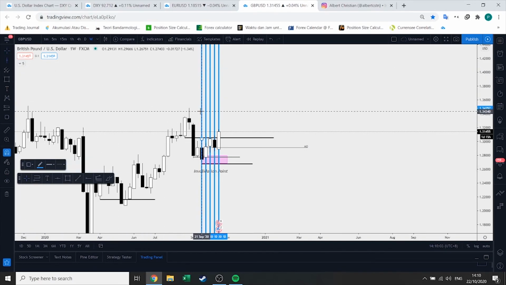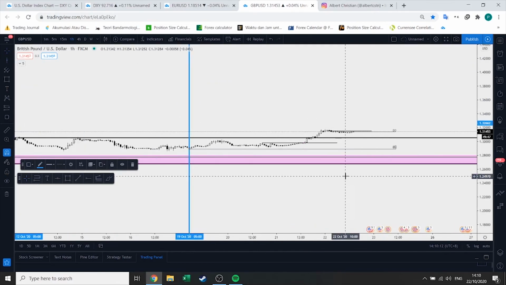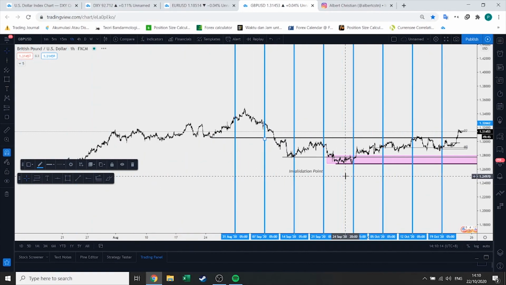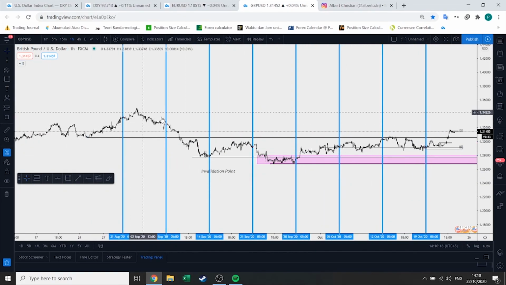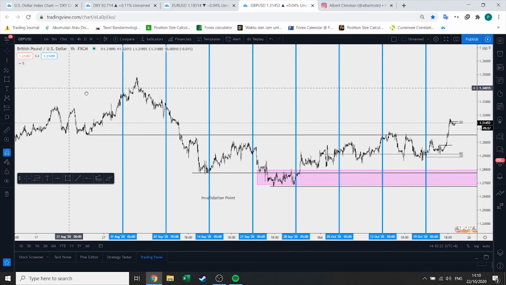In this example, I'm using 8 lines: 1, 2, 3, 4, 5, 6, 7, 8. Like this, and go to a 1 hour chart. So this one box is 1 week of price action, right?